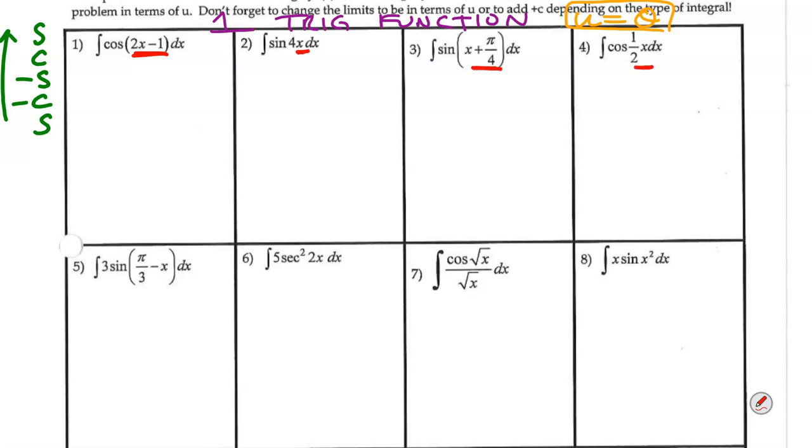So your u is going to be the 2x minus 1. Sorry, minus 1, not plus. So check out what happens here, because when you're trying to do a u-sub problem, you want it to be in terms of some trig function of u, cosine u. We're going to go ahead and take the derivative of this.